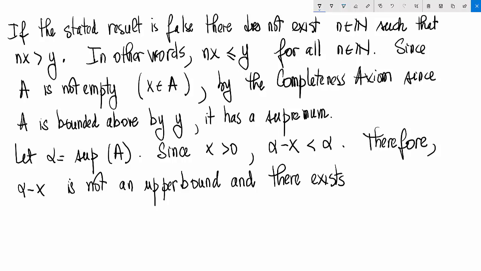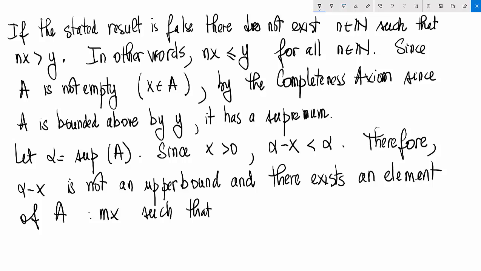So there will exist an element of A, call it mx, such that alpha minus x is less than mx.